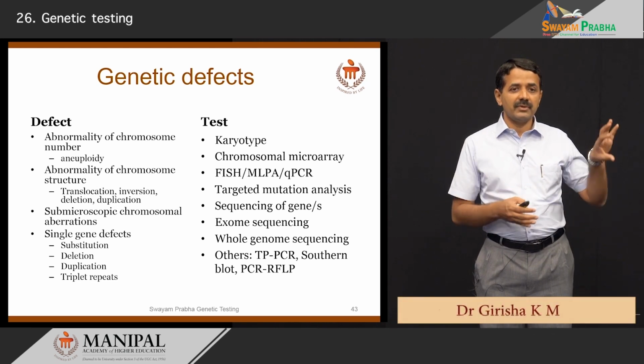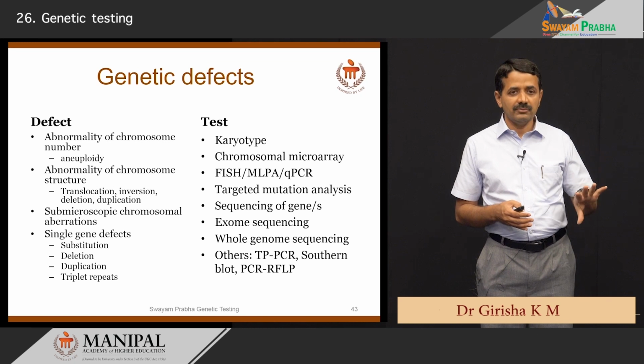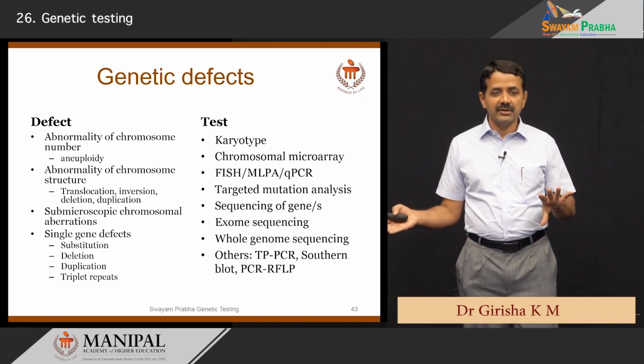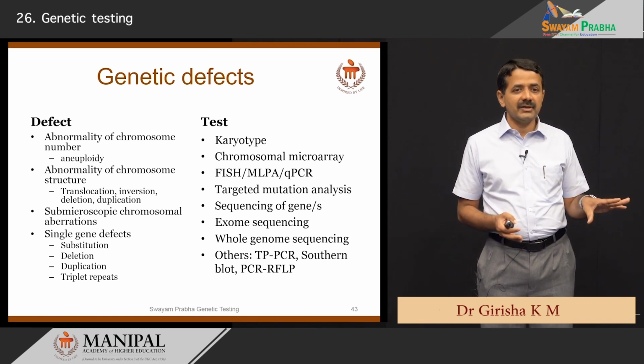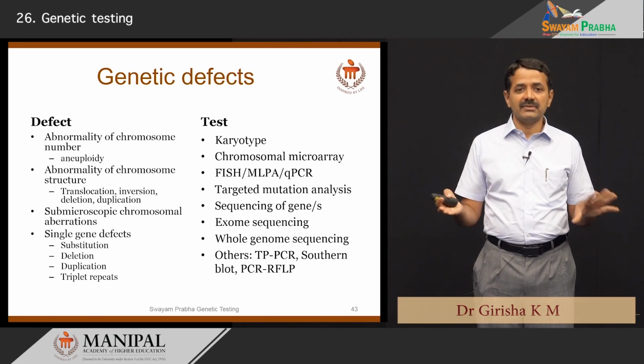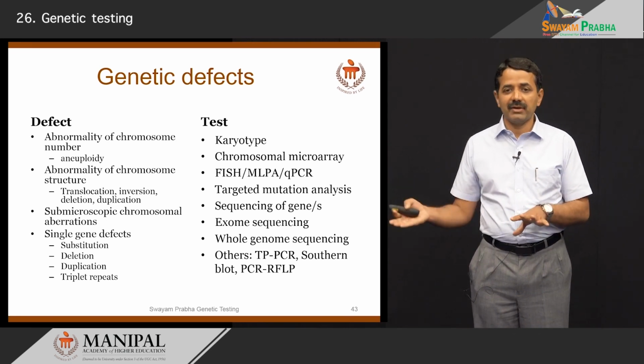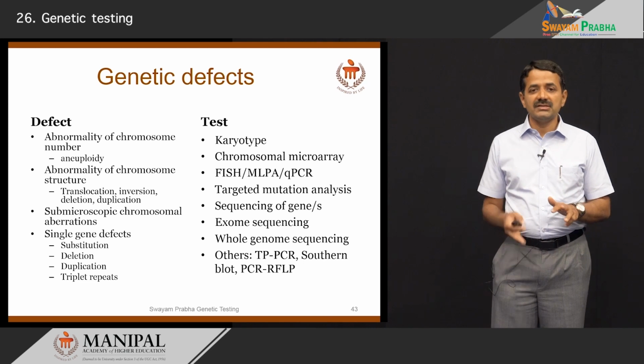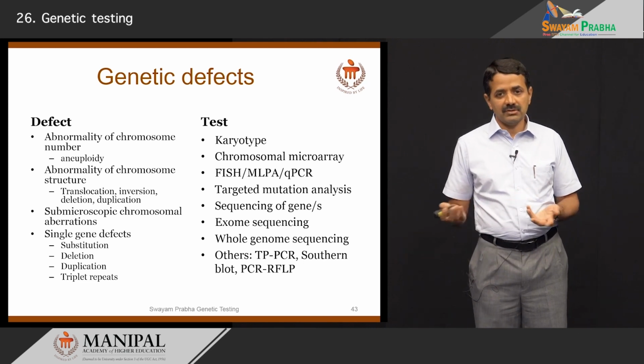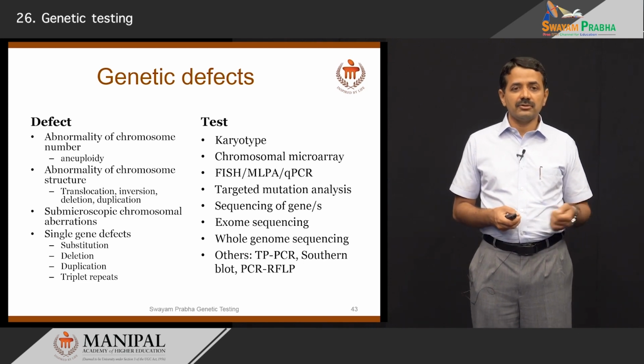Defects can be abnormalities of the chromosomal number, such as aneuploidy, which can be detected by karyotype, or structural chromosomal abnormalities, where translocations require a karyotype. Deletions and duplications can be picked up by chromosomal microarray, FISH, MLPA or qPCR can be used for counting the chromosomes.